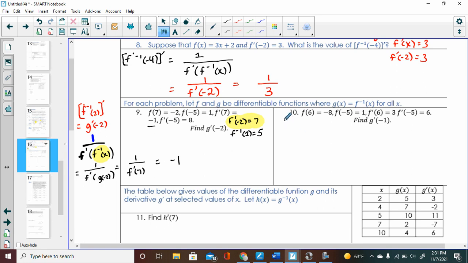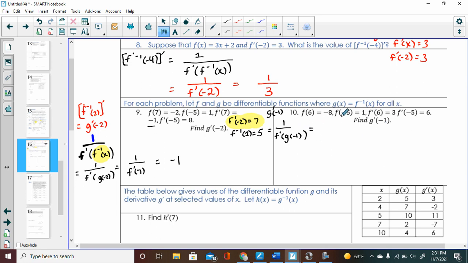All right, so g prime of -1 equals, I'm just taking this formula, and I just have to recognize that g is the inverse of f, right?